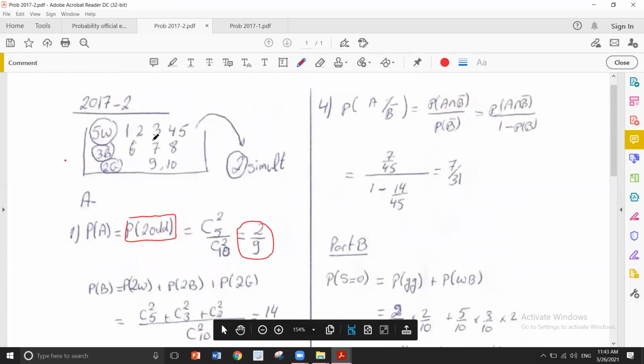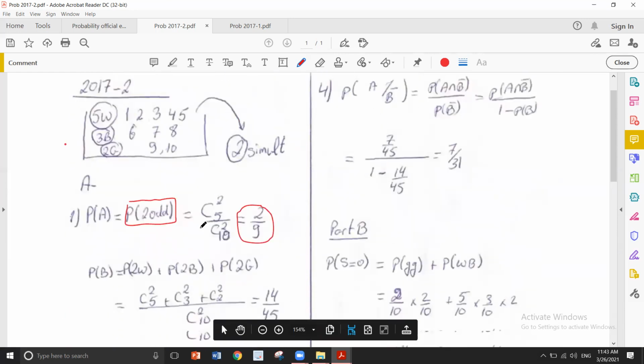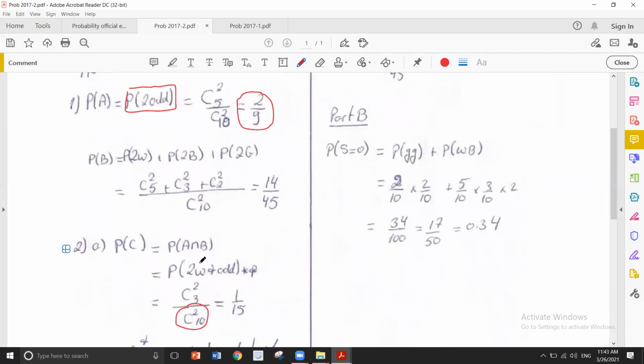From the white, how many odds do we have? I have 3, I have to choose from them 2. This is why I put C(3,2).